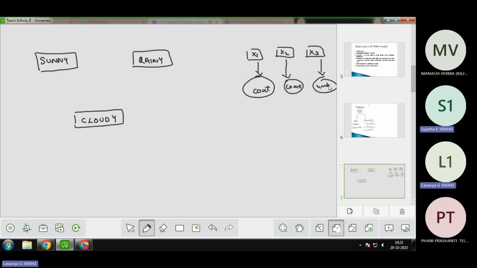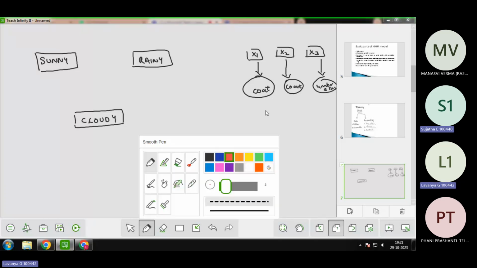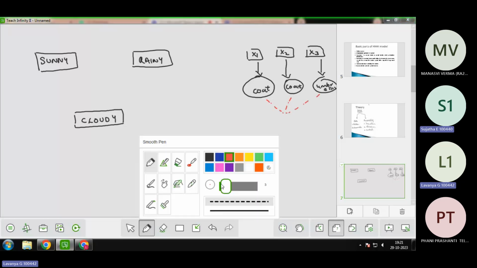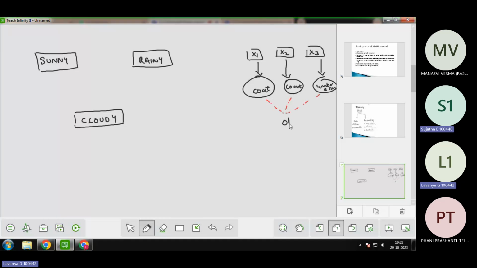Now based on this, I have to decide. So how am I going to decide? These 3 states which are given here are my observable states.